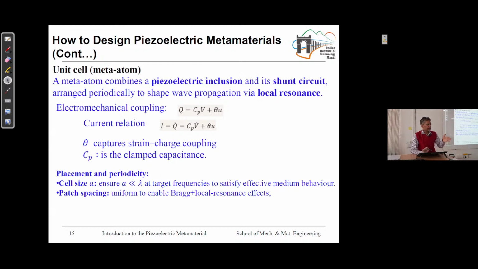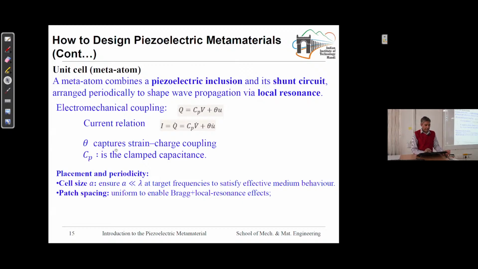Of course, if it is completely embedded, then U is the displacement of the host. So we have these simple equations. Of course, we can integrate this. So we can take differentiation to determine the current. Current actually is rate of charge.